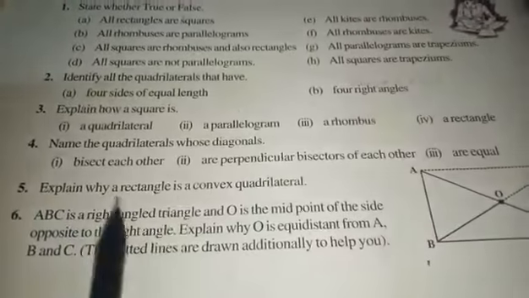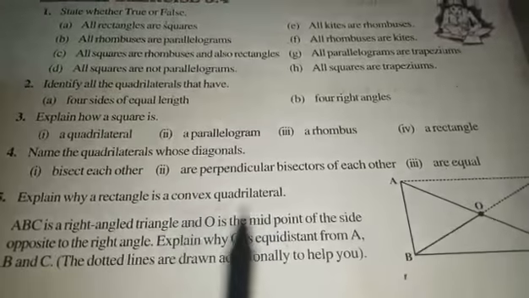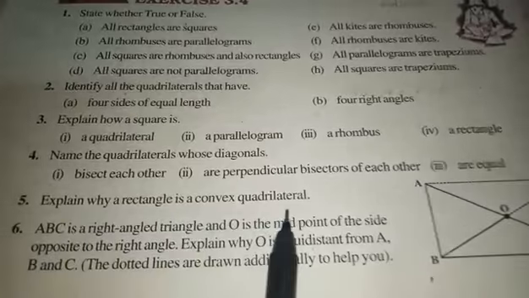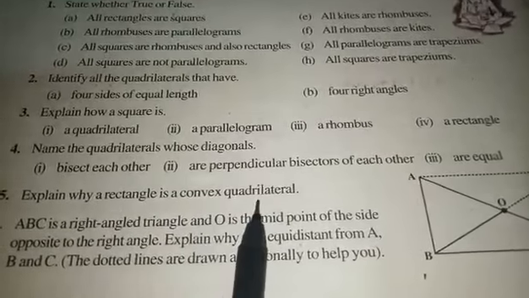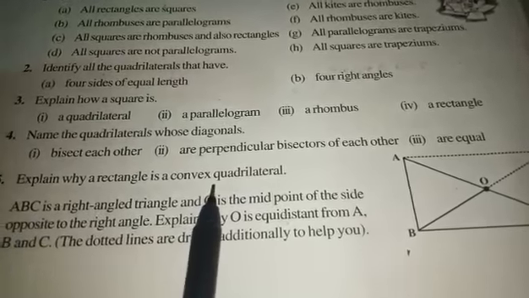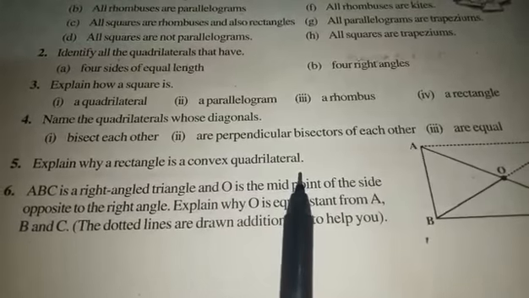Next, question 5. Explain why a rectangle is a convex quadrilateral. You know that the diagonals of a rectangle are inside the rectangle. So that will be a convex quadrilateral.